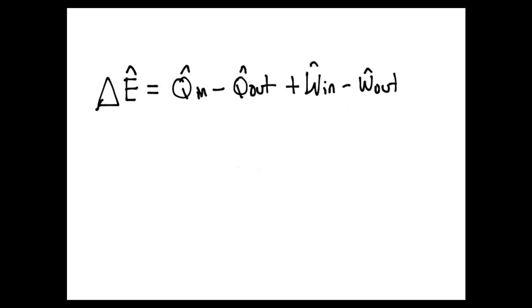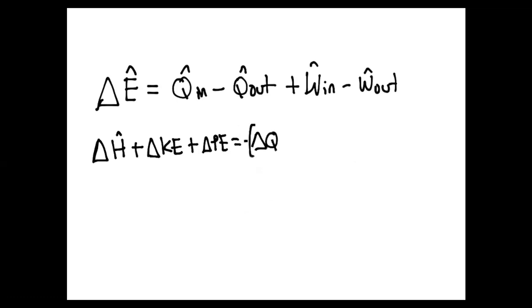So we can do it specifically, and we will have the change in energy, which is a change in enthalpy, plus a change in kinetic energy, plus a change in potential energy, equal to a change in heat plus a change in work. And all of this should be specific right now.